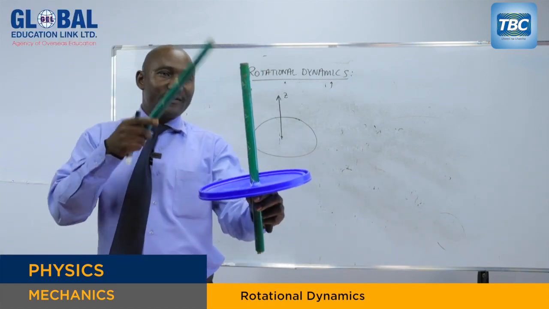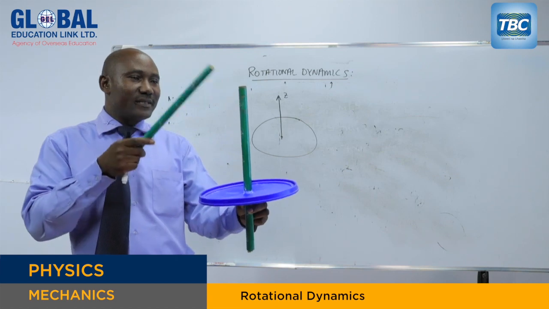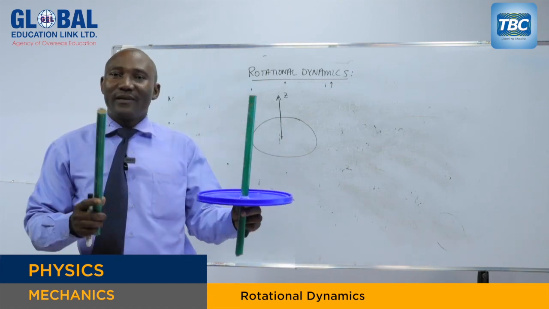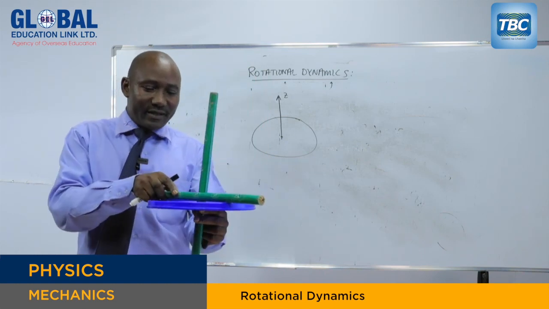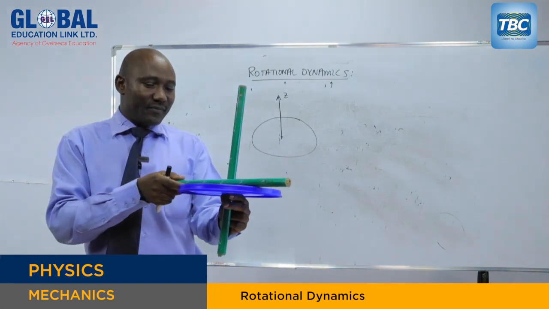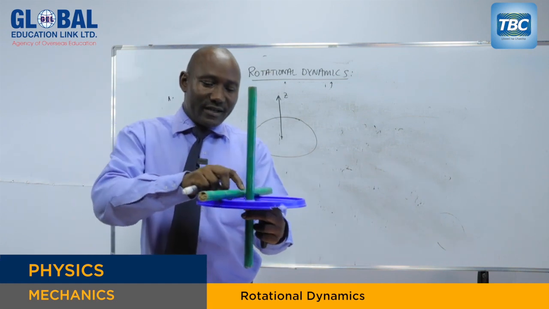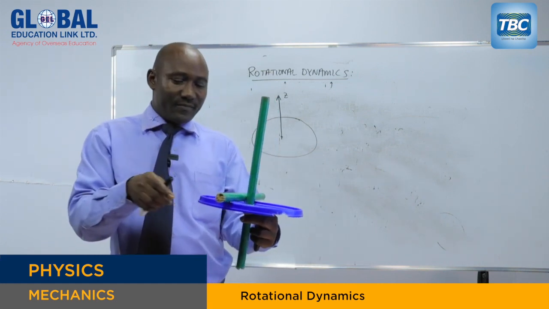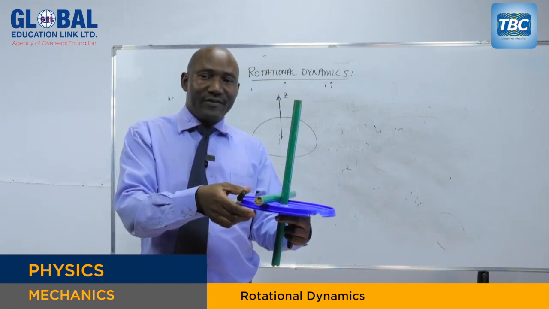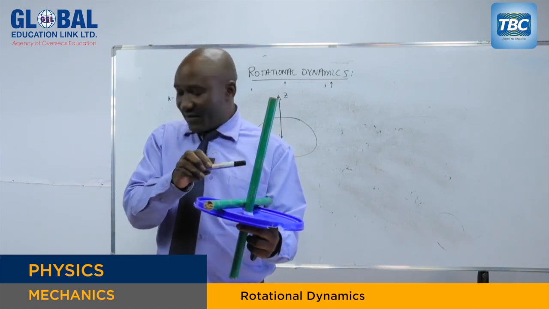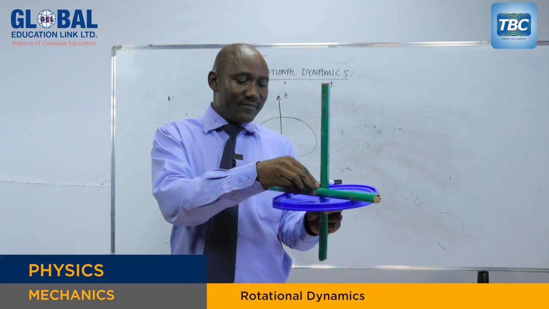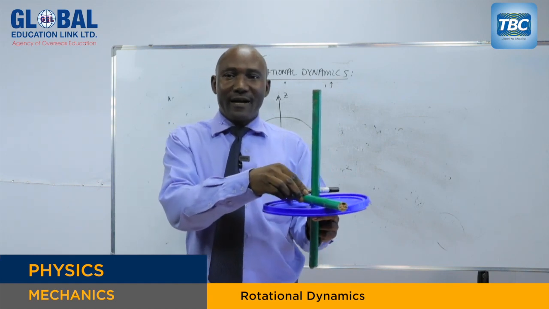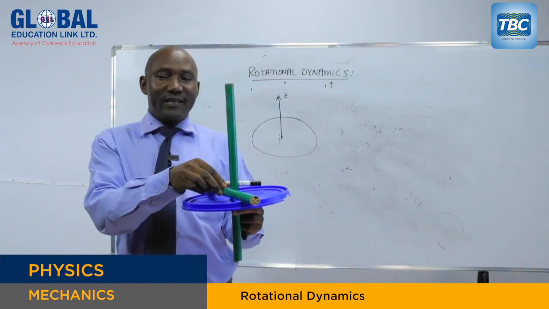This axis is the axis passing through the center of gravity, which is given the name the axis through Z. Now we have another axis which is passing like this. That axis we call either X or Y. That is one of the axes. Then you have another axis passing like that. So there are two axes. These two axes are lying on the horizontal plane.